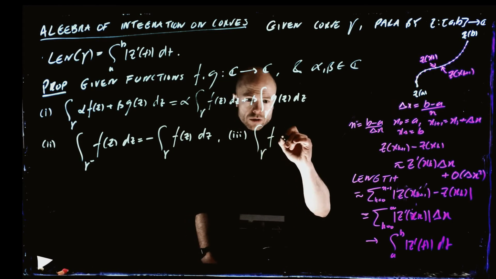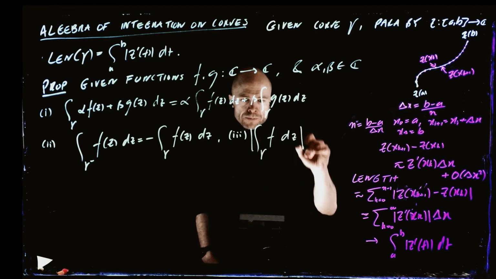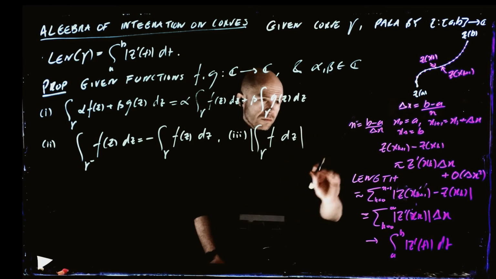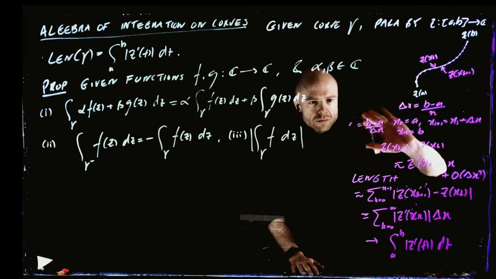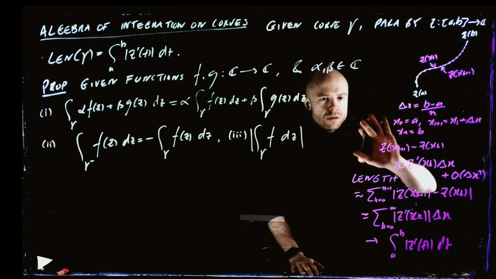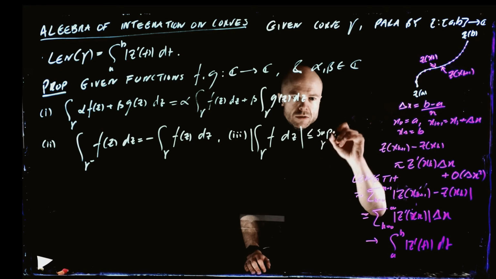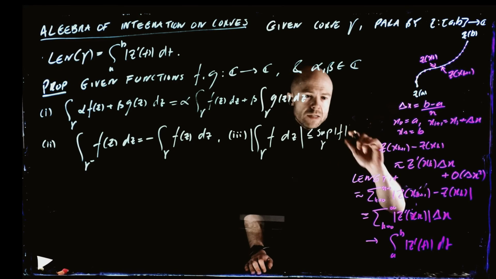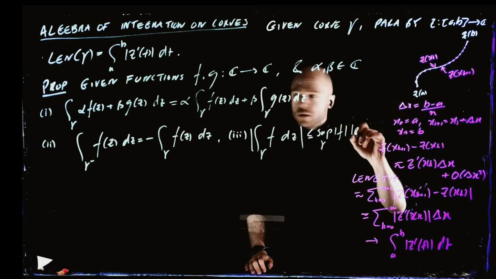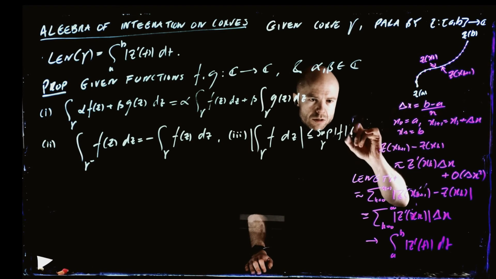If we integrate over a complex curve like this, and we take the absolute value, then this thing is less than the supremum over our curve of f times the length of the curve. This we will prove too, but it's pretty easy.